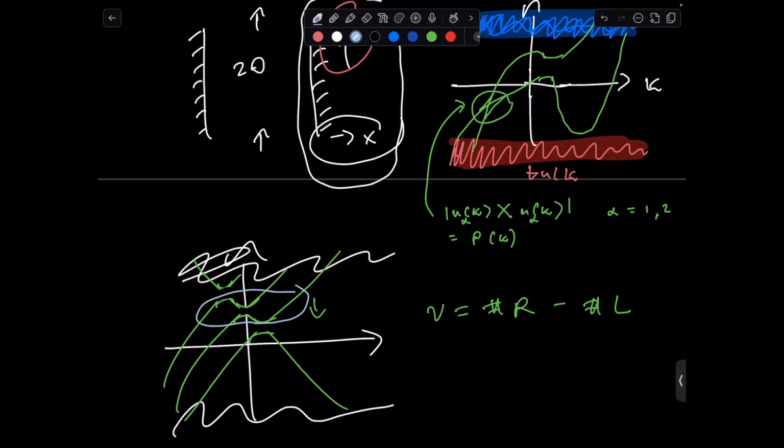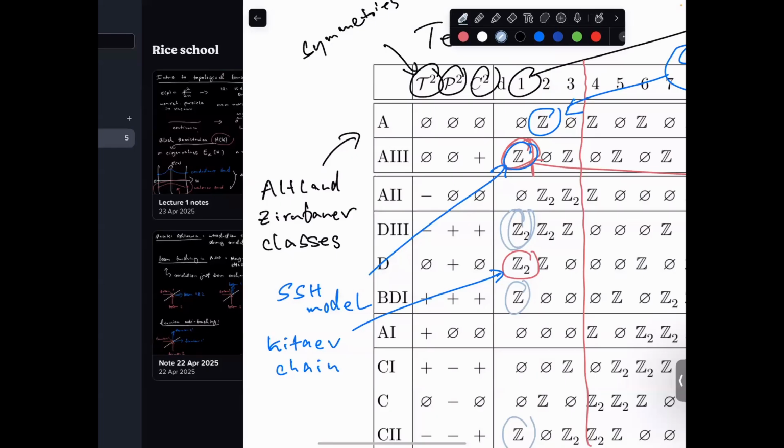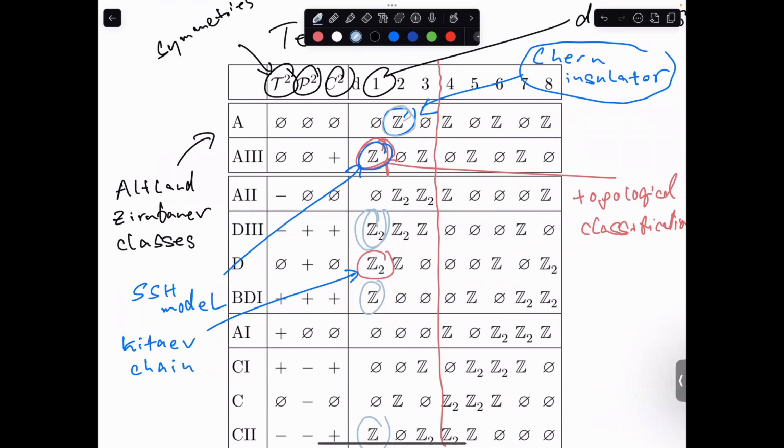So the only thing that's really invariant is this difference here that you cannot get rid of. Okay, so that's the z, right? That's some integer z, which means that we've rederived this z here, which means the Chern insulator is z classified, and that's also known as the Chern number.